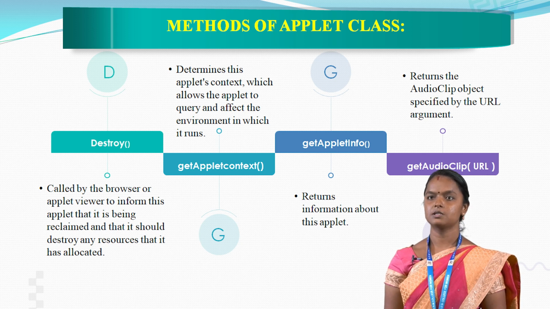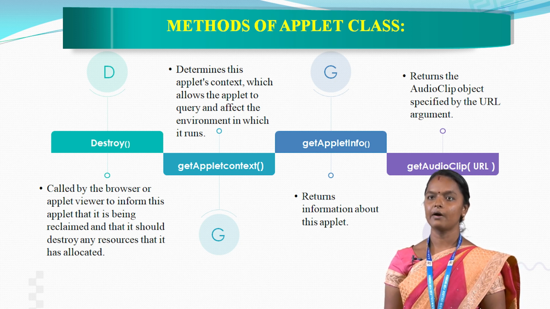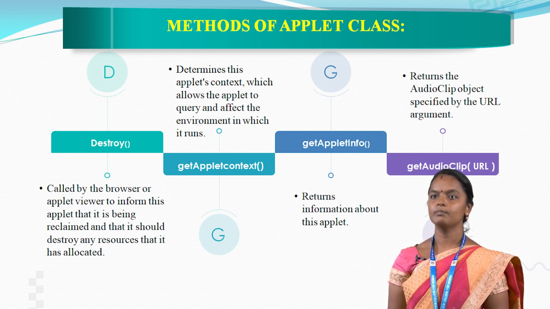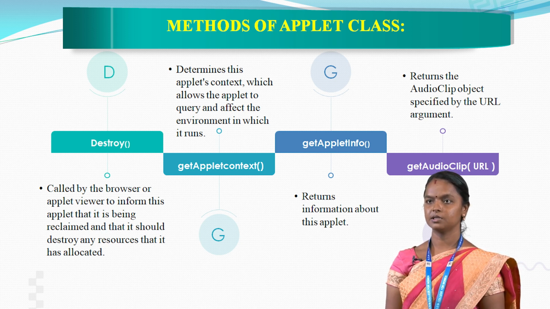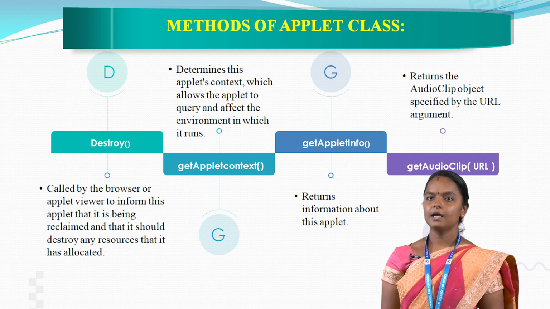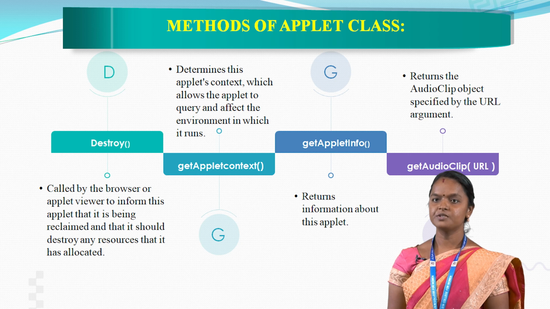The getAppletContext method determines this applet's context, which allows the applet to query and affect the environment in which it runs. The getAppletInfo method returns information about this applet. The getAudioClip method with a URL argument returns the audio clip object specified by the URL. The getAudioClip method with URL and name arguments returns the audio clip object specified by the URL and name.